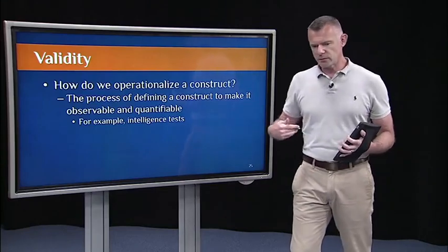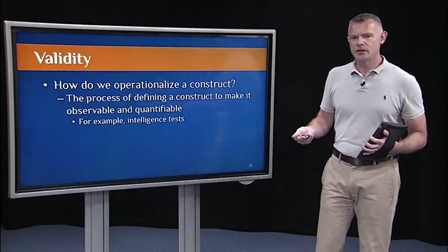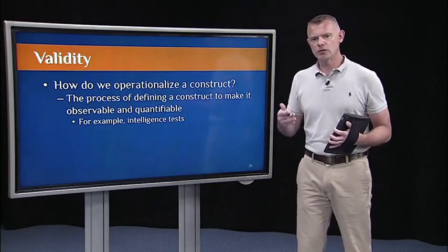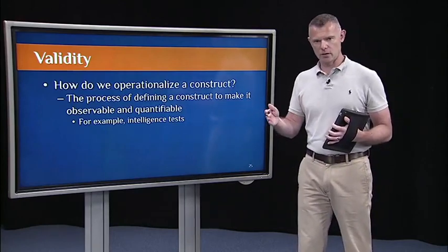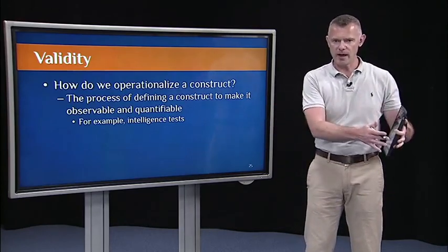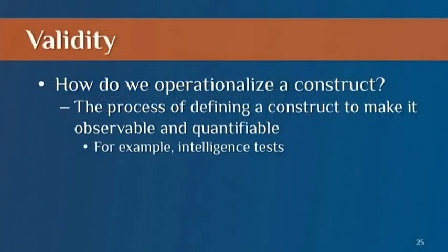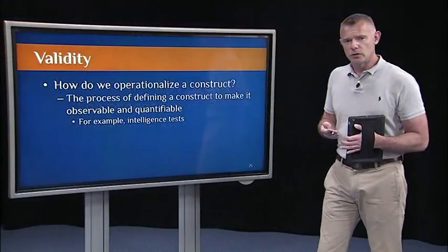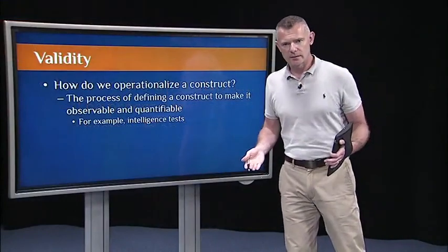One of the most important things for statistics and to do empirical research is to operationalize a construct. So first define the construct, but then come up with some way to quantify that construct. So that's the process of operationalization. How do we operationalize a construct? You define it to make it observable and quantifiable. So for example, intelligence tests.